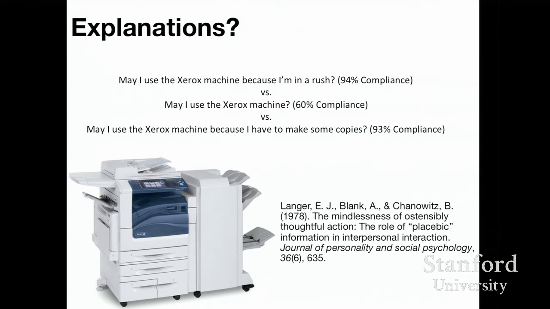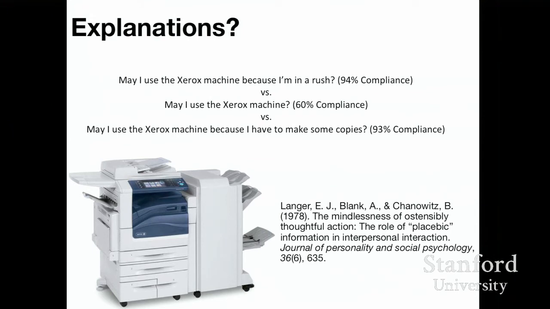And so we found that this is probably the same effect as this famous study from the 70s, where they had people asking to cut in line at the copy machine and giving all sorts of excuses. The control condition was, may I use the copy machine?